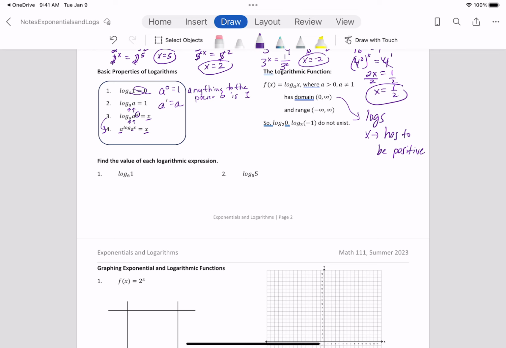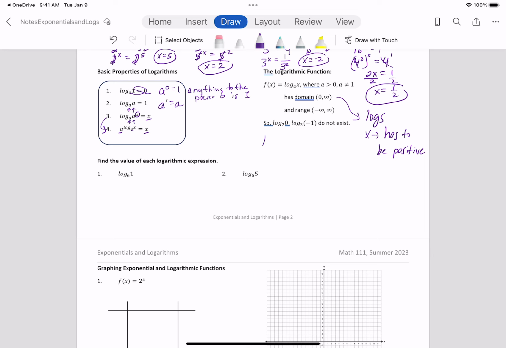This is going to come up more when we look at solving equations that have logarithms in, similar to what we did when we had to check our solutions before to make sure they satisfied the original equation or the domain. We'll have to do that here too.